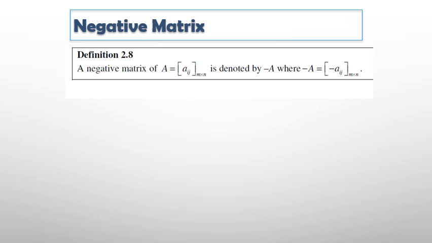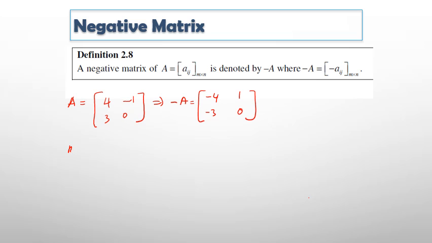Now, the negative of a matrix. The negative matrix means we put a negative on the matrix, or we multiply by -1. If we have A equals 4, -1, 3, 0, for example, then negative A means we put a negative on each entry of the matrix: -4, 1, -3, 0.